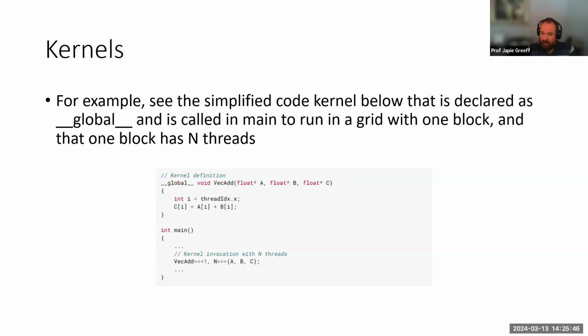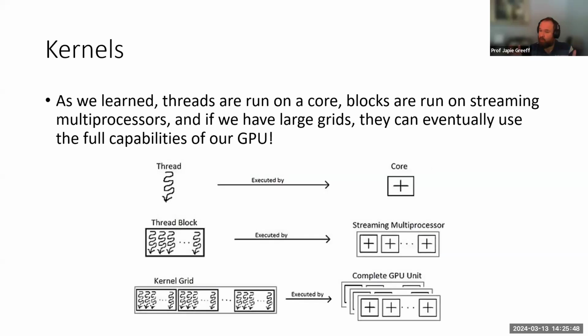So as we learned now, threads run on a core, so each thread is going to be run on its own core. Blocks are run inside streaming multiprocessors, so we obviously want to contain that within a streaming multiprocessor. But we can also specify very large grids that can effectively take up the entire capacity of the GPU.